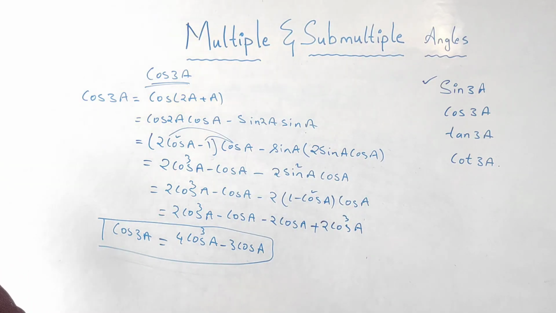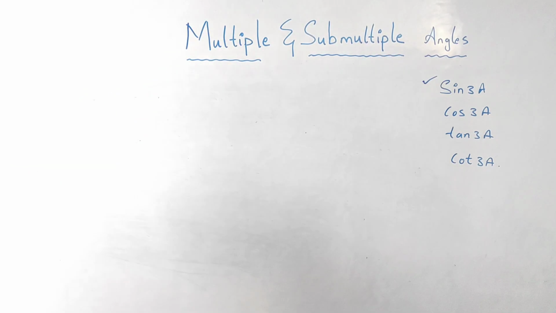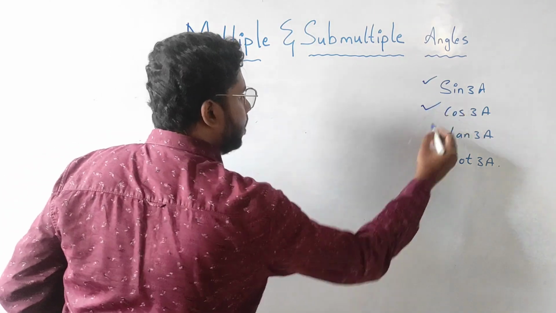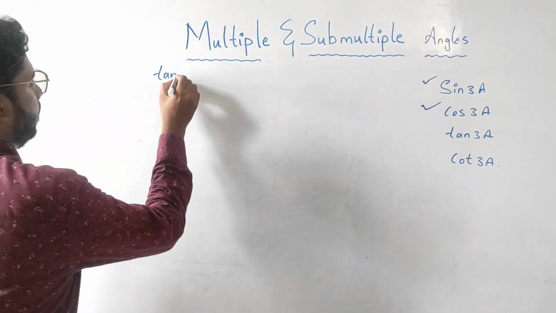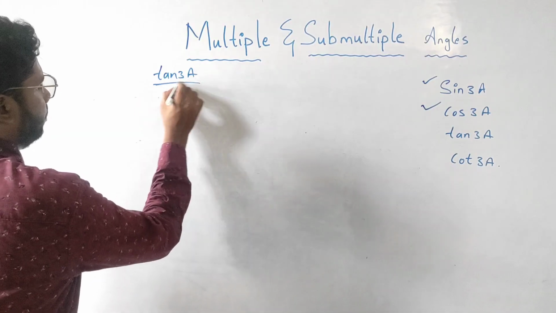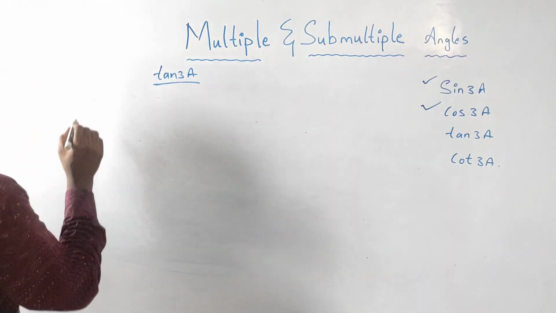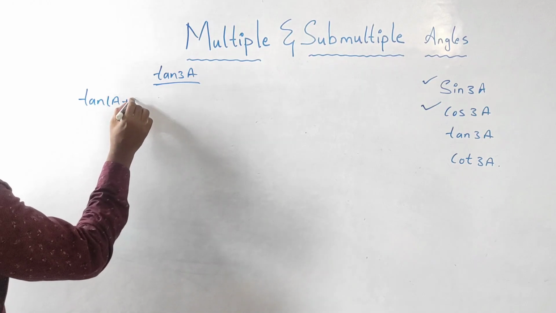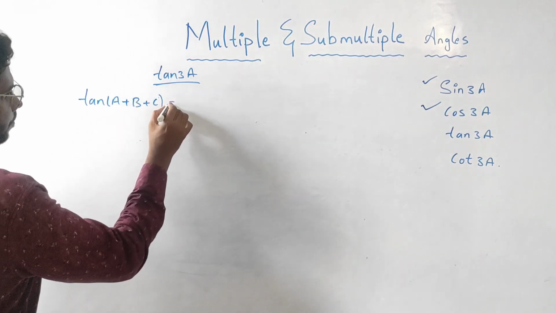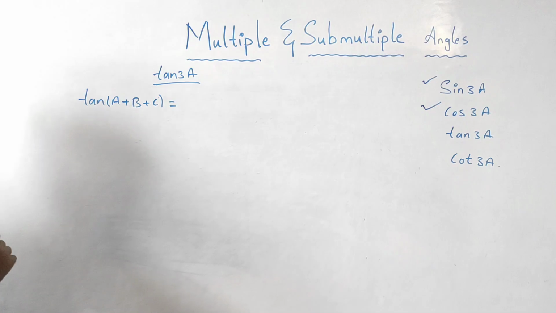Now let us see what is tan 3A. Now cos 3A is completed. Let us see the value of tan 3A. How to find tan 3A? We have one formula from compound angles, that is tan of A plus B plus C. What is the formula of tan A plus B plus C?